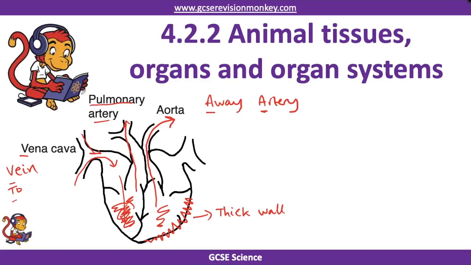So anything to do with lungs is called pulmonary, and it's an artery because it's taking blood away from the heart. So it goes out of the pulmonary artery to the lungs, where gas exchange will take place and the oxygen will be diffusing back into the blood. And then finally, from the lungs, the blood will go through the pulmonary vein back into the heart.